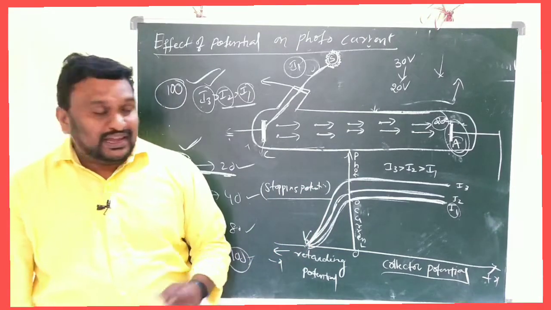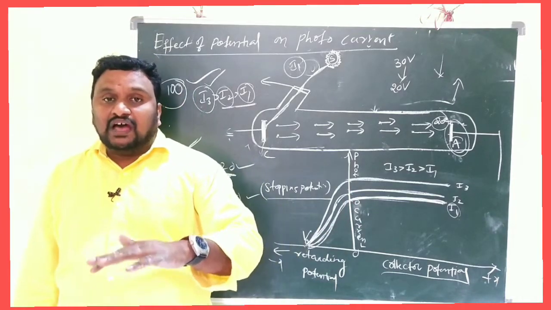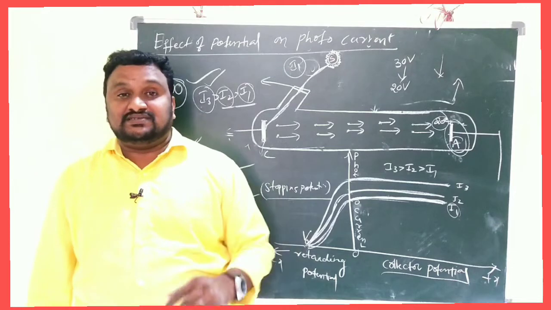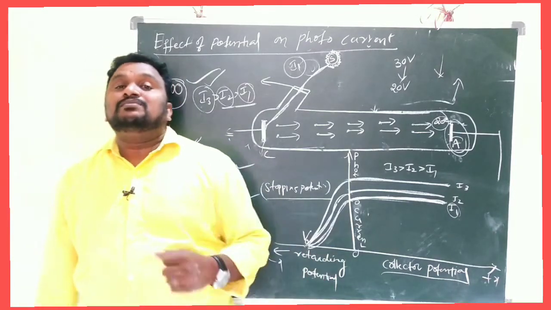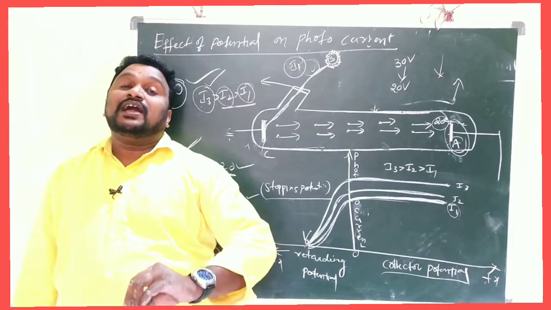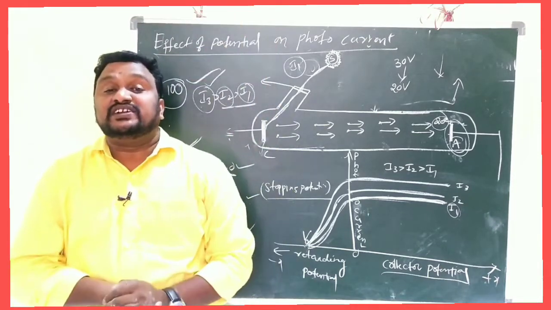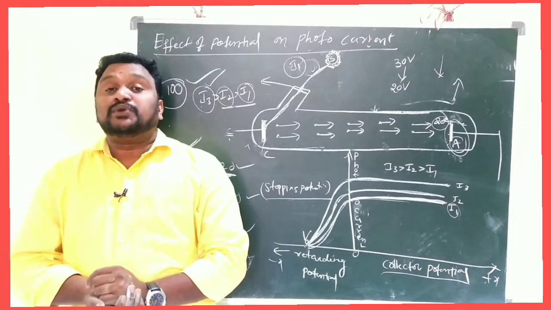That is the second point. And the third point, in that diagram different intensities have different saturation currents, but they have only one stopping potential. Clear? Different intensities of light have different saturation currents, but only one stopping potential.